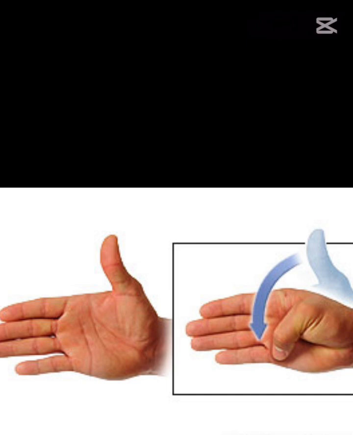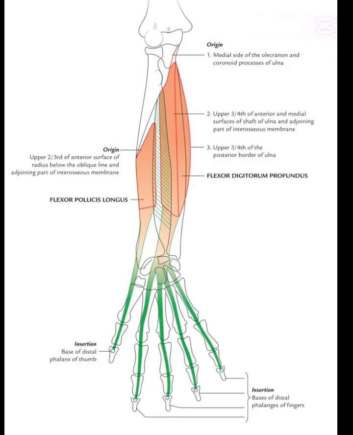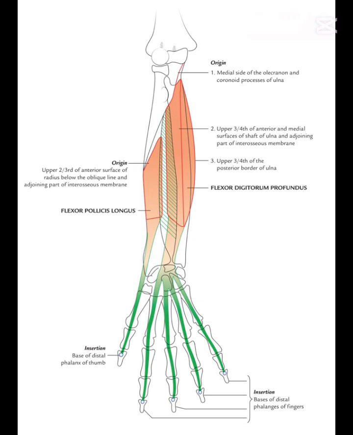So the last one is the big gun of these deep muscles, which is the Flexor Digitorum Profundus. It is the strongest and biggest muscle in the deep compartment, even the bulkiest muscle in the anterior compartment of the forearm. After it, you see the Flexor Digitorum Superficialis.